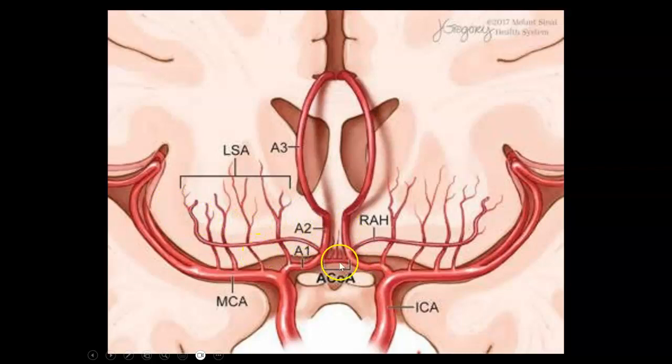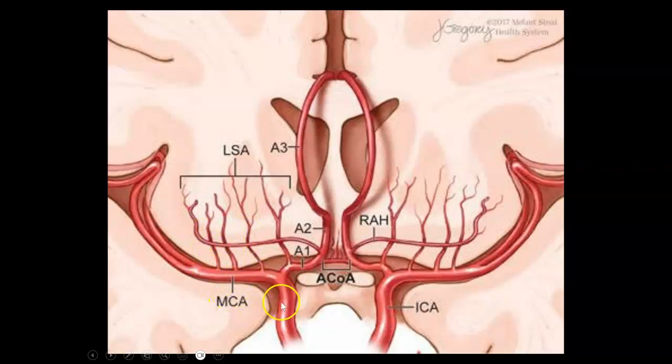So this is the medial lenticulostriate, and this is the lateral lenticulostriate. Sometimes you find some references describing the lateral lenticulostriate as medial, intermediate, and lateral. So they tell you the medial lenticulostriate and the lateral lenticulostriate are branches of the middle cerebral artery.